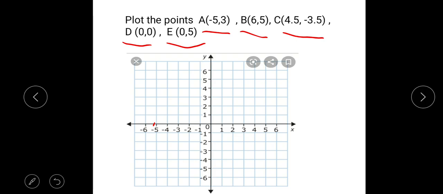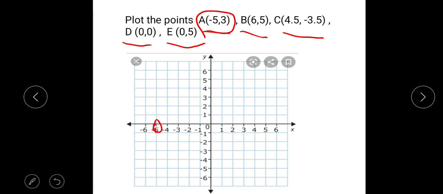How do you mark it? Look here. Point A, sorry, -5, 3. -5 is the first one in the bracket. It is the x coordinate. So the x coordinate means -5 on the x-axis. So here is -5.